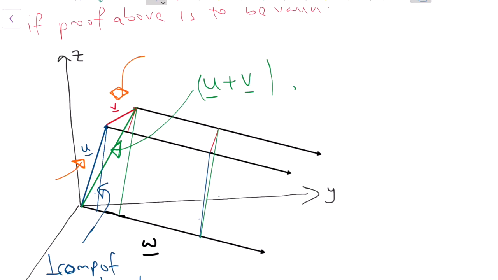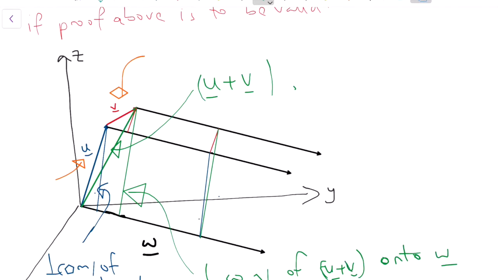And the same here, this is the perpendicular component of u plus v onto w. Sorry, let me erase this to be cleaner. And similar for the red line, which is here.